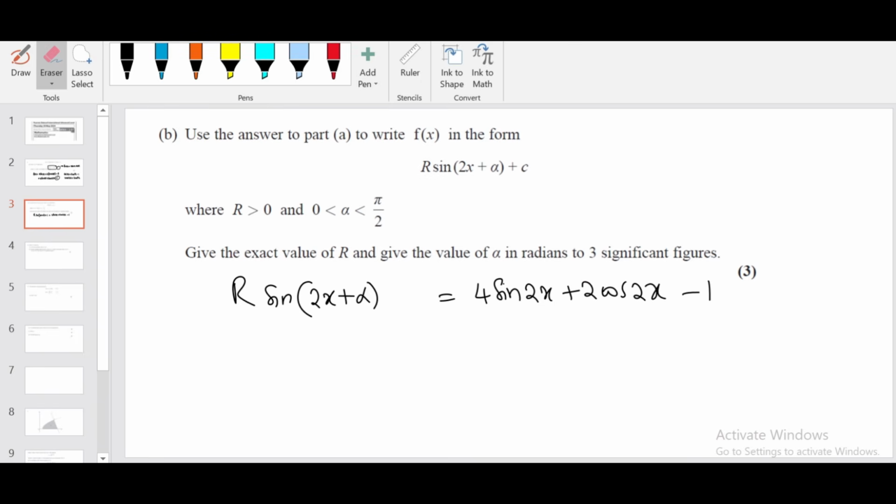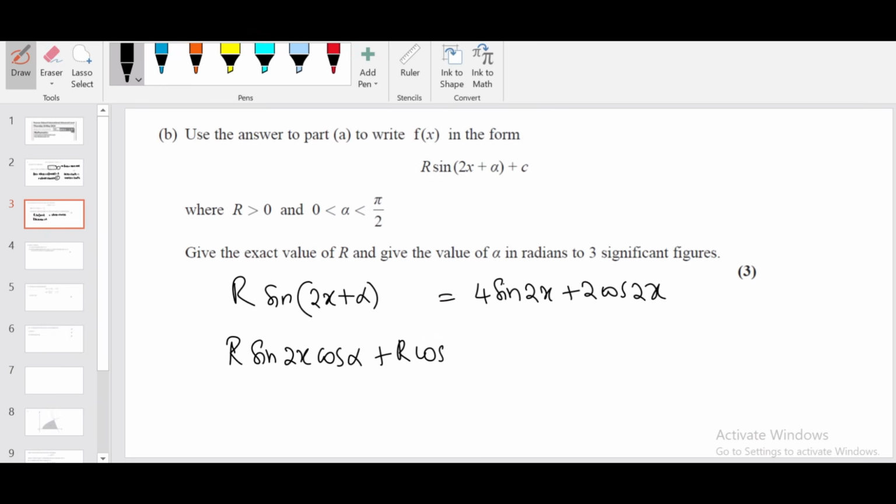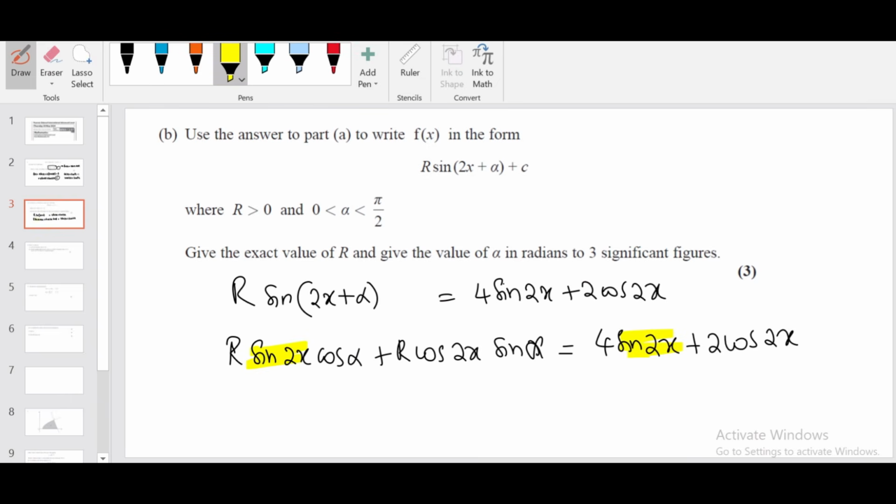You can equate these two. So expand the bracket. Sin of a plus b is sin a cos b plus cos a sin b, multiplied throughout by R, which is equal to 4 sin 2x plus 2 cos 2x. Compare the coefficient of sin 2x on both sides.